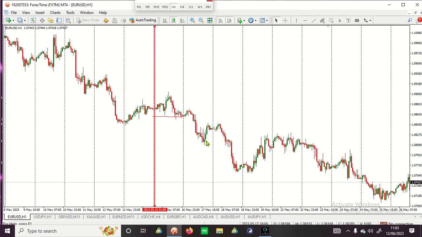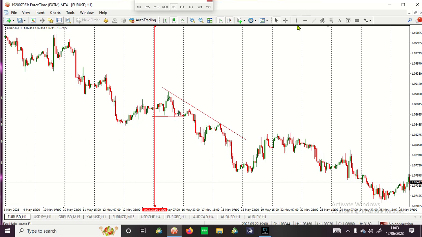Now look at this very clearly. Without drawing your trend line from here, you can see that this market has cleared this previous day low. It's a sign that the market will do what? Go down. What we'll be doing is just marking out the previous day low and waiting for the market to break either the low or the high.